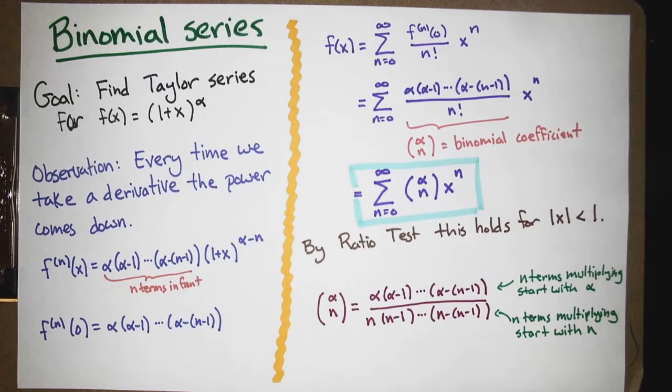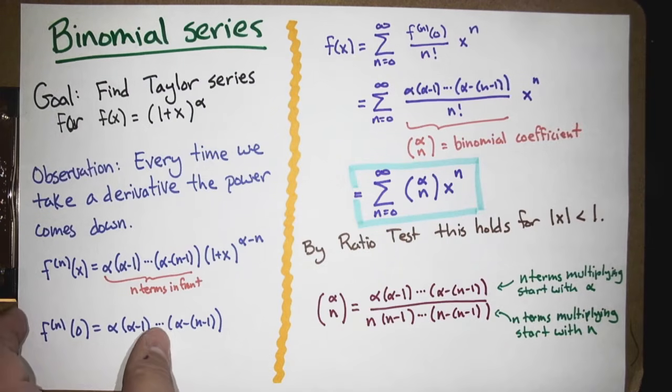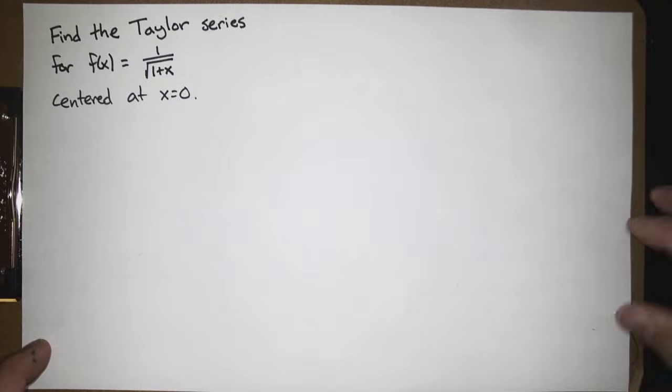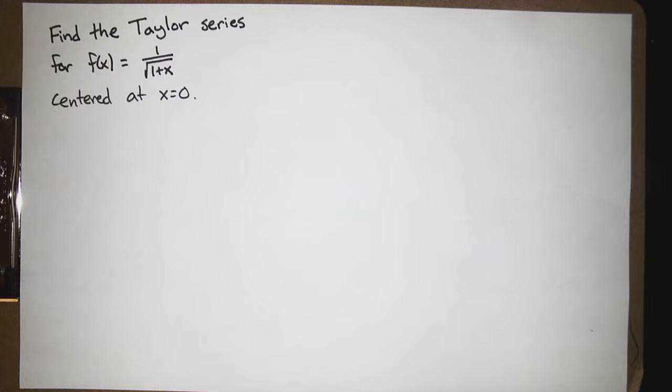Any questions on that one? Let's try this out. Find the Taylor series for the function 1 over the square root of 1 plus x centered at x equals 0.